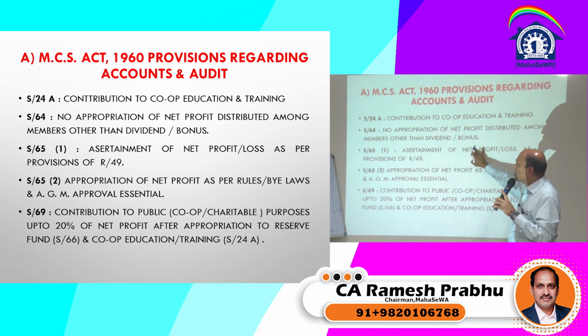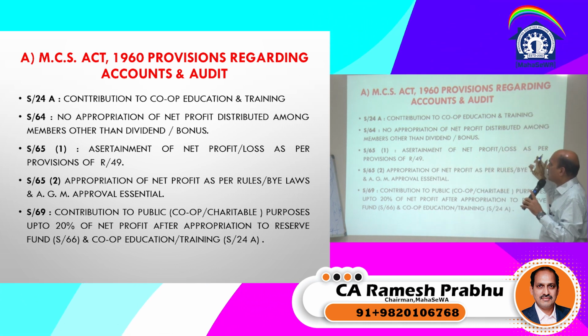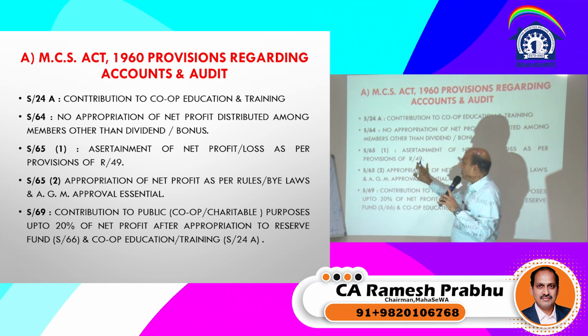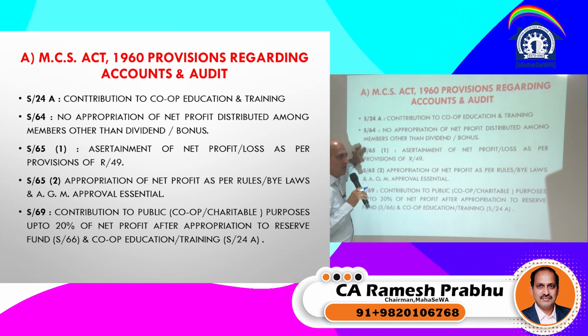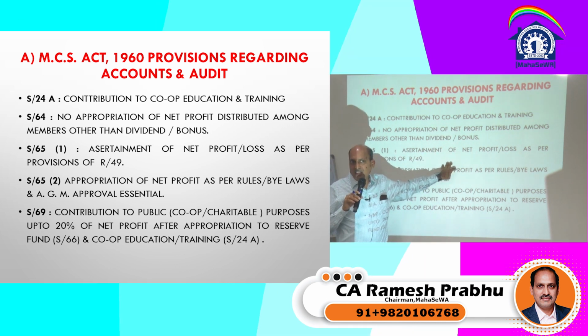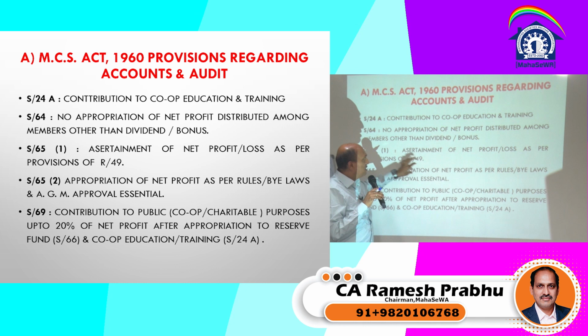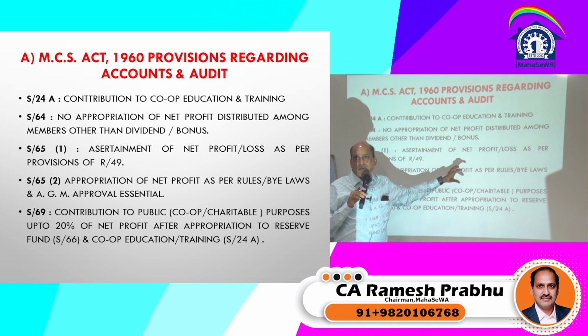Similarly, ascertainment of the net profit or loss is as per the provisions of rule number 49. Section 65 subsection 1 says that when you are ascertaining a surplus, or the profit, it has to be done in the manner prescribed.